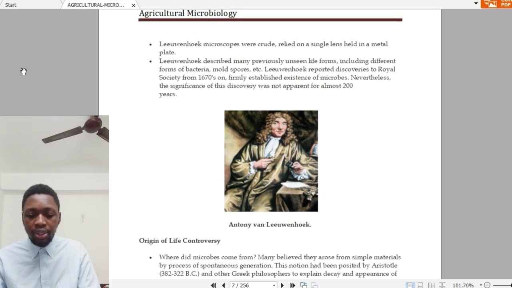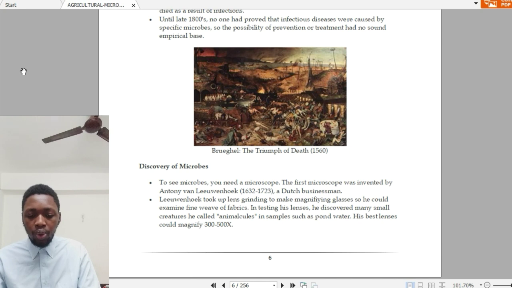Leeuwenhoek took up lens grinding to make magnifying glasses so he could examine the fine weave of fabrics. In testing his lenses, he discovered many creatures he called animalcules in samples such as pond water.